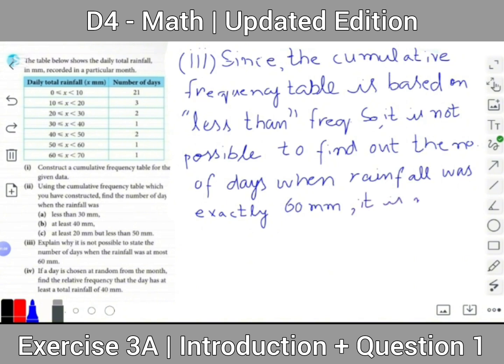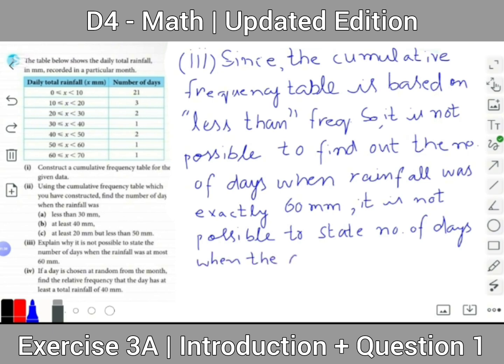It is not possible to state the number of days when the rainfall was at most 60 millimeter.